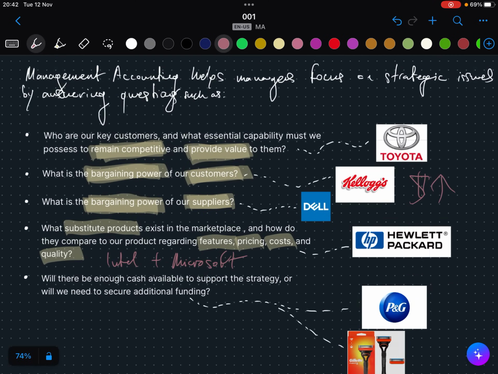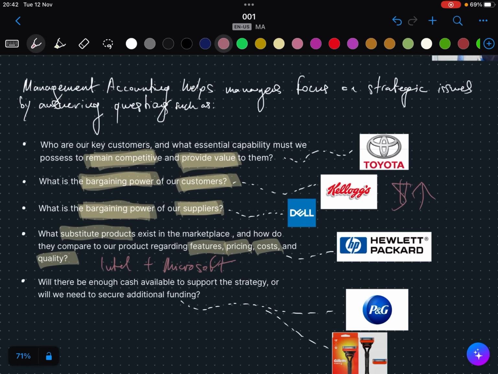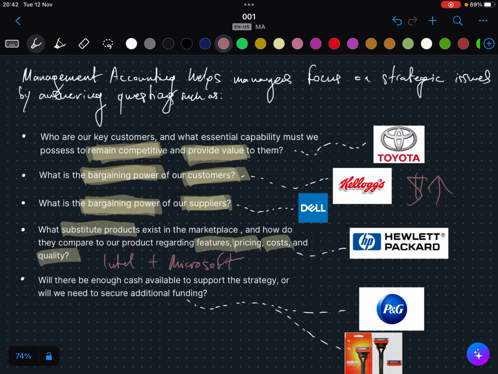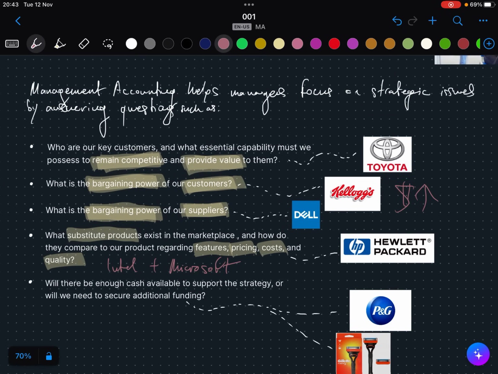And of course, there aren't that many software out there. There's basically iOS, Linux, and Windows. So Dell doesn't really have the option of switching to another software, and that gives Microsoft a lot of power. And it's similar with Intel.